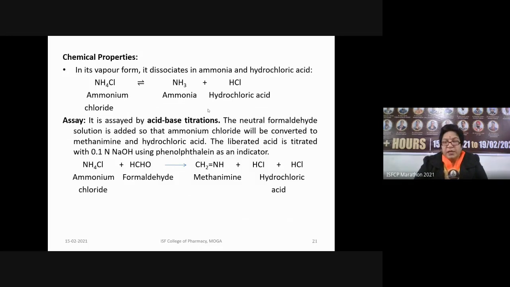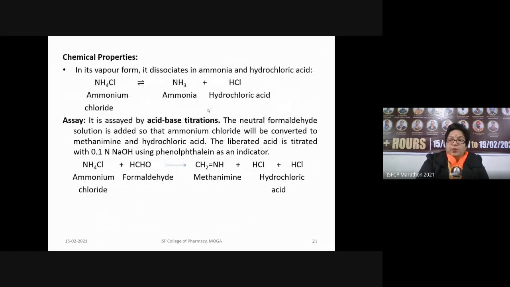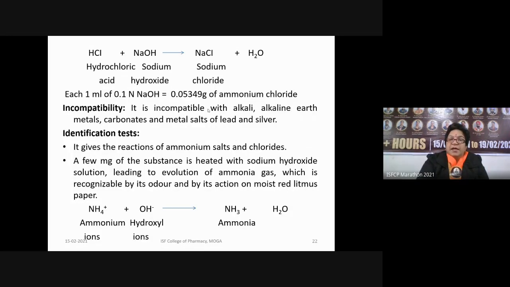The liberated acid is titrated with 0.1 normal sodium hydroxide using phenolphthalein as indicator. Here in the first step you can see HCl is liberated, and this HCl is further reacted with sodium hydroxide to release sodium chloride and water.